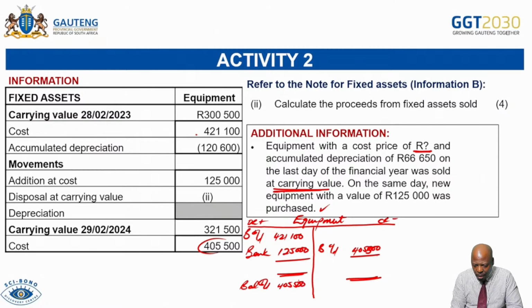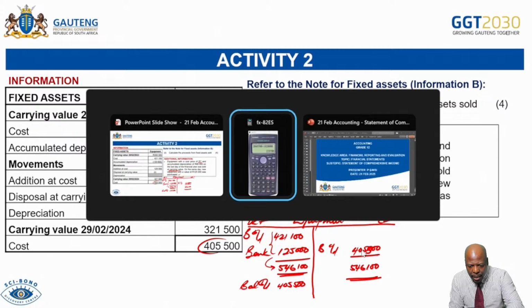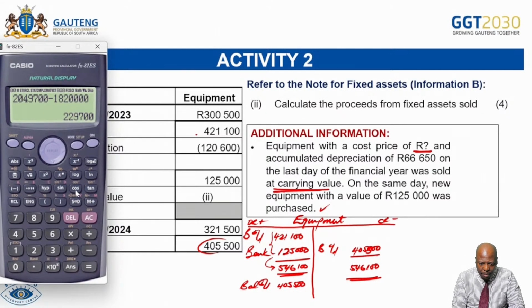So that becomes my balance brought down, 405,500. Okay, so which side is bigger? If I add these two, I can get this one here. How much is that going to be? That's going to be 546,100. And then, okay, someone is saying, Mr. Simbi, let's do it together. Let's do it together then. If I come here, I'll say 421,100, which is this one here, plus the 125,000.